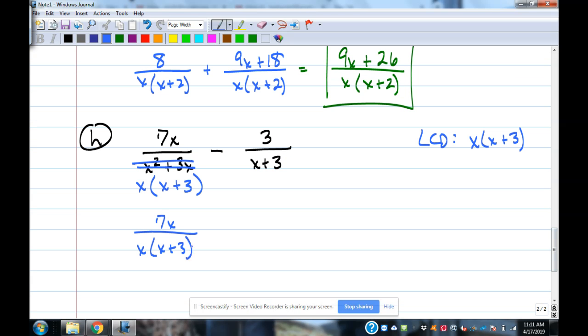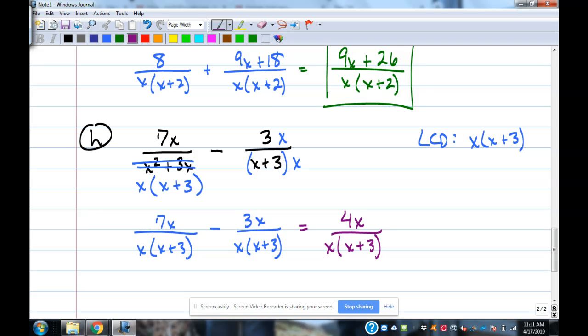What does the second fraction need? It needs an x. It's got the x plus 3, but it needs an x. So I'm going to put an x times both the top and the bottom. So that's going to be minus 3x over x times x plus 3. What's 7x minus 3x? 4x. Oh, we've got like terms there. That's nice. Over x times x plus 3.